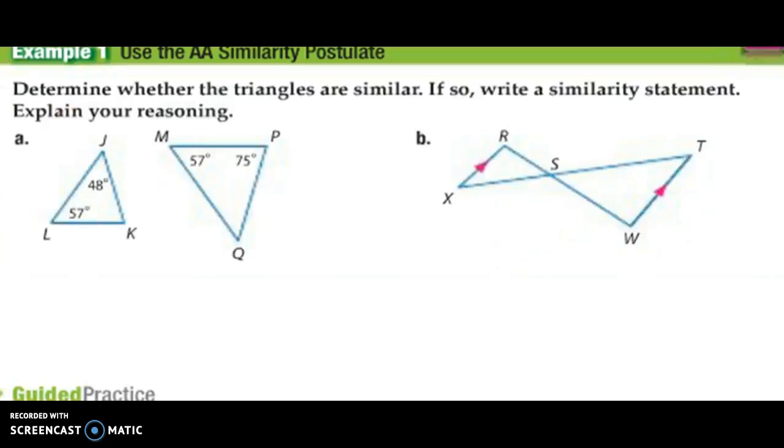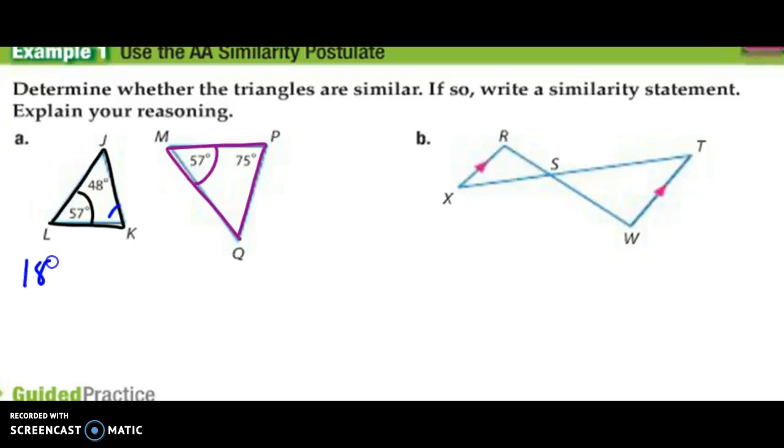So let's look at an example. If we have triangle LJK, we have angle L is 57, and QPM, angle M is 57. So we know two angles in our triangle. What we can do is figure out this missing angle K. The way we do that is we say, okay, in a triangle, the angles always have to add up to 180 degrees.